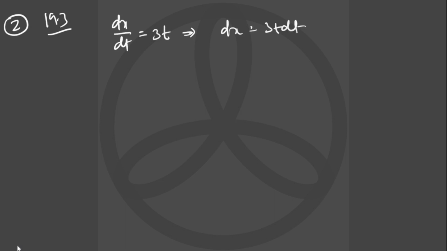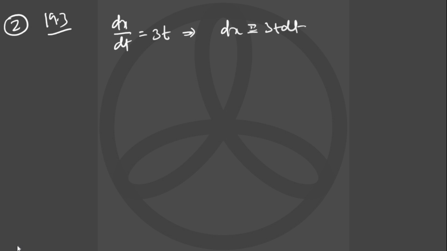So we now take the first question of section 2 of 19.3, and section 2 questions are all initial value problems. These are also pretty simple. This is 3t, and we will get here 3t dt.